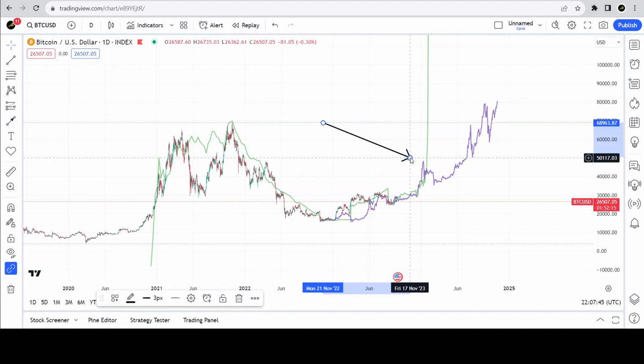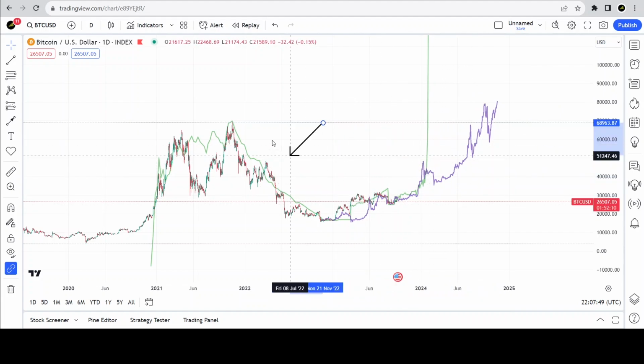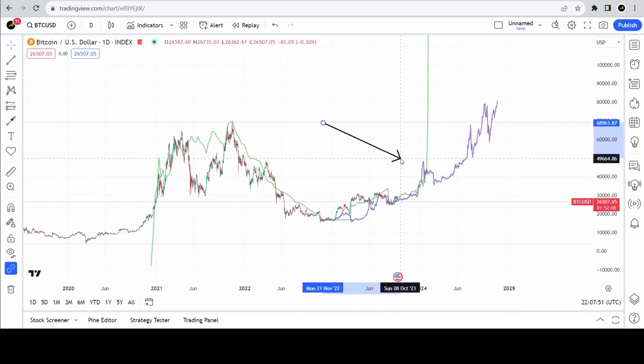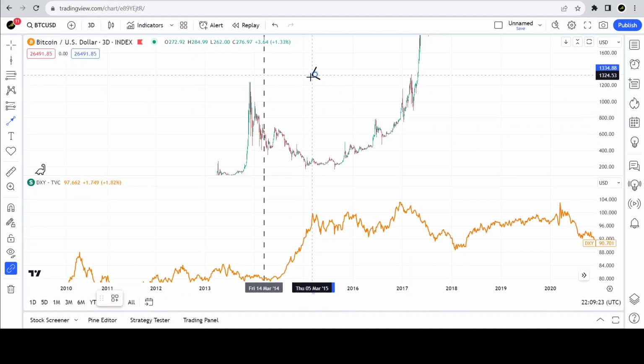I would like to go back to this 2013 decline and recovery, and we can examine that because out of all the structures, I believe that that fractal is very relevant, more so than many of the other ones that have played out. So let's jump over there real quick.